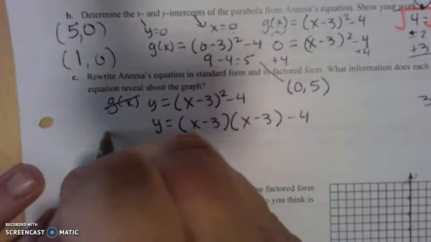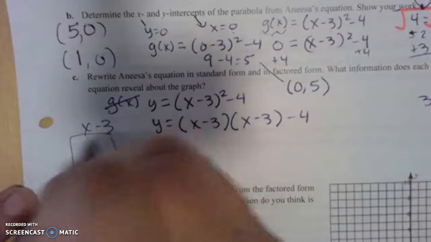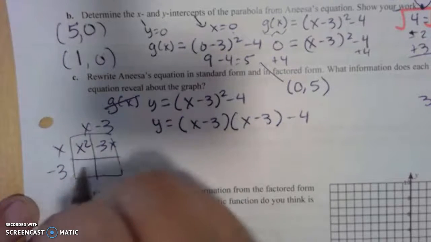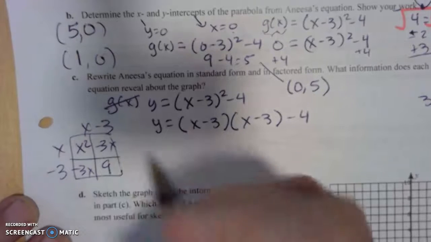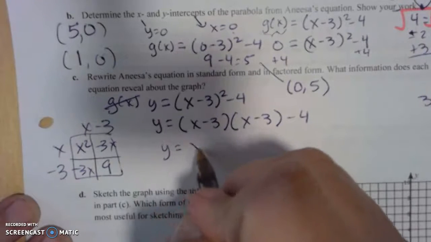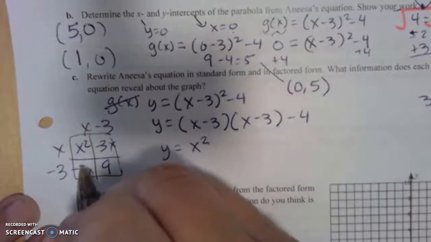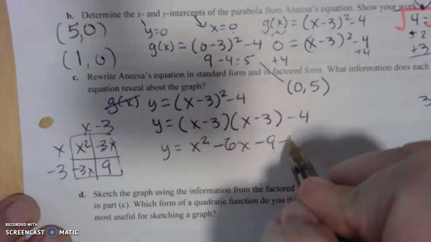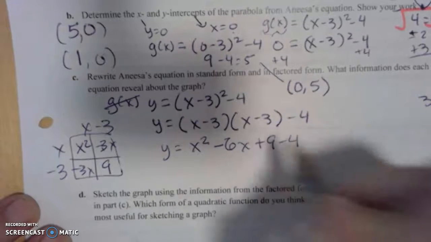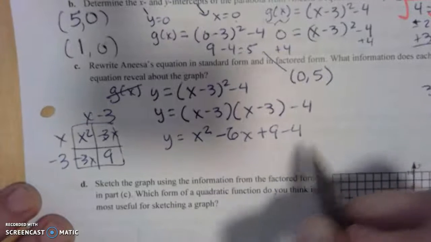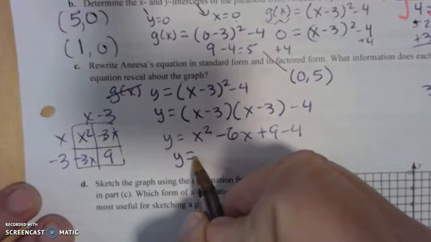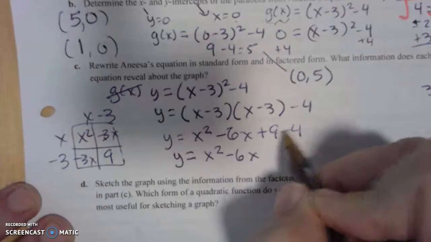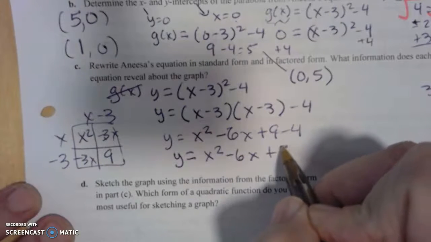If I use my box to solve this, x minus 3, you're going to get x squared, negative 3x, negative 3x, and 9. So that's going to be y equals x squared, negative 3 and negative 3 is negative 6x, plus 9 minus 4. Simplified, it becomes x squared minus 6x plus 5.